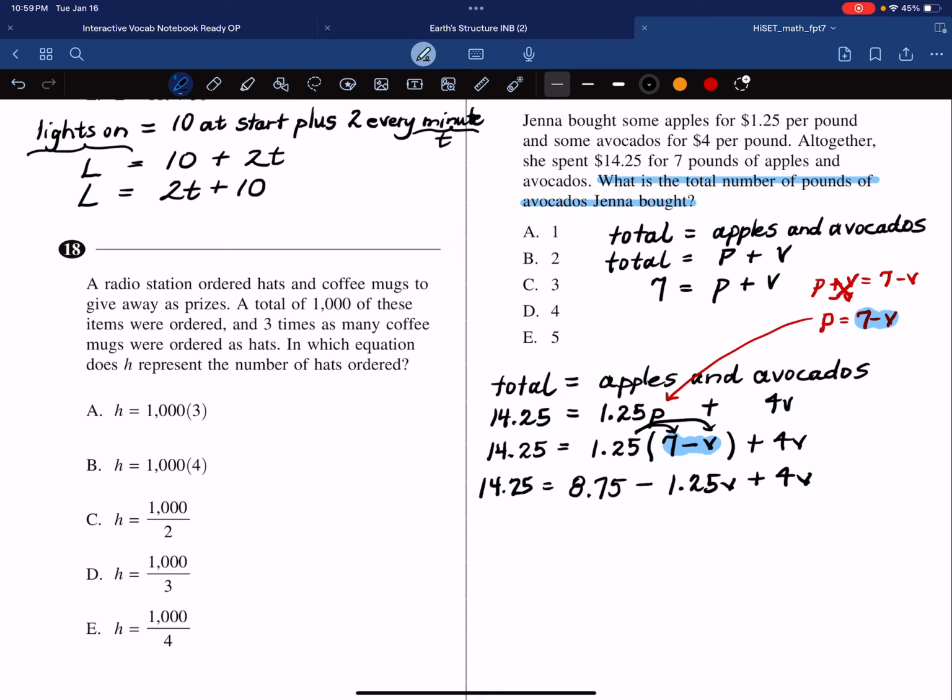Let's combine these V's right here. So we've got a negative 1.25 and a positive 4. Be careful putting that in your calculator. You should get positive 2.75 V. And there's 8.75 and 14.25. I'm going to subtract that number, the constant, and cancel.